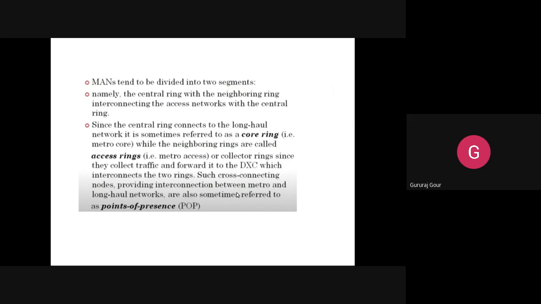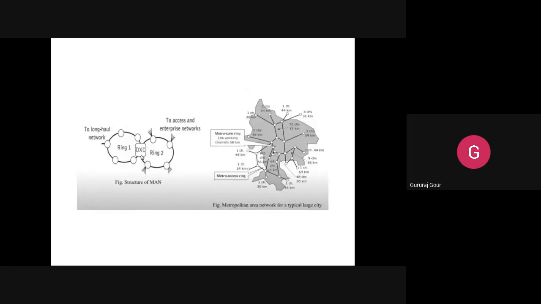So MANs are divided into two segments, as you can see here, namely the central ring, this one. We are observing a typical MAN of a typical large city here; the city name is not given. The central circular structure is known as the central ring, to which different metro access rings or neighboring rings are going to be connected.